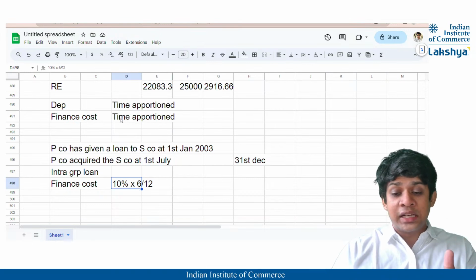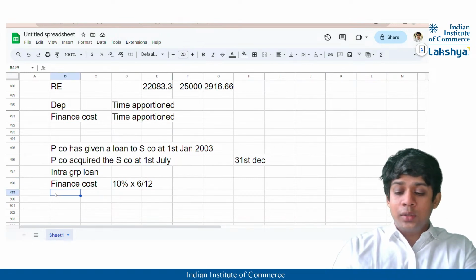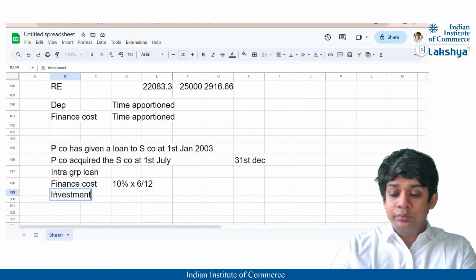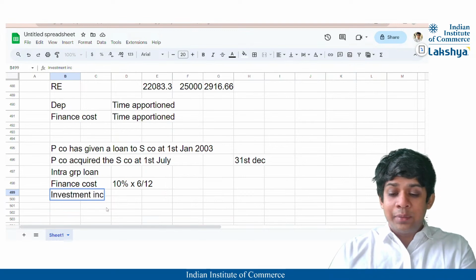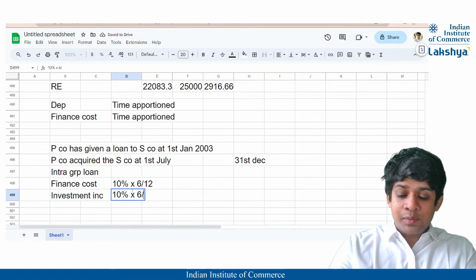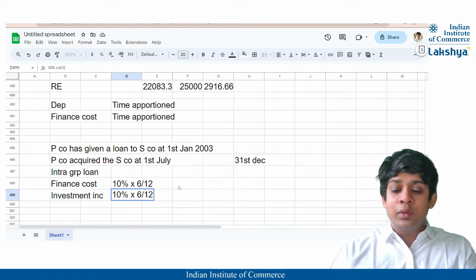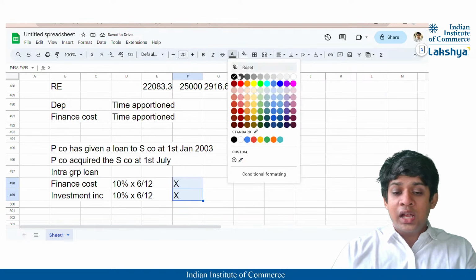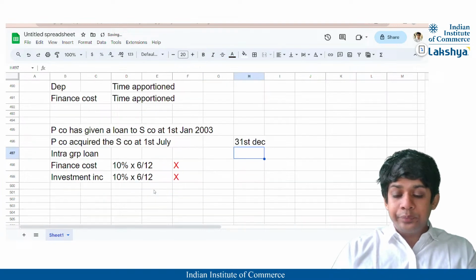It is time apportioned, as I told you, right? And for the parent company who has given the loan, for them it will be an investment income, that is 10% into 6 by 12, right? These two will be cancelled out in the consolidated financial statements because they are an intra-group loan after the subsidiary company has been acquired, correct?